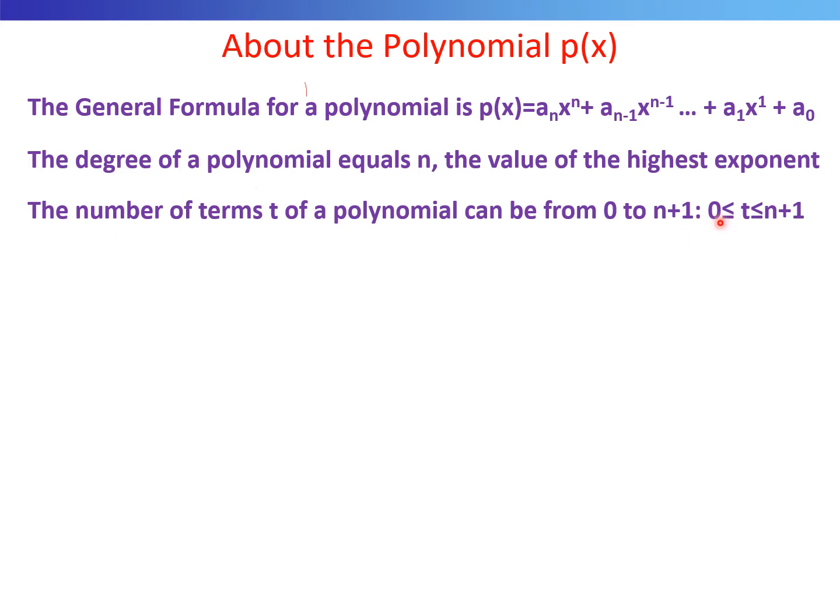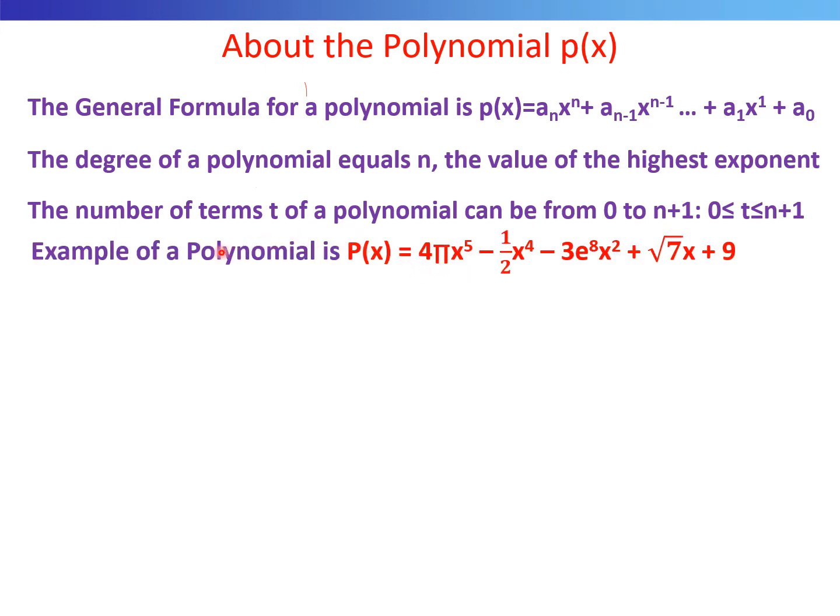That means it includes 0. If it is 0, there is no term, all the coefficients are equal to 0, and p of x is equal to 0. That's not an interesting polynomial. Our interest is a polynomial with degree 1 or higher, and that's what we will be handling throughout this discussion.